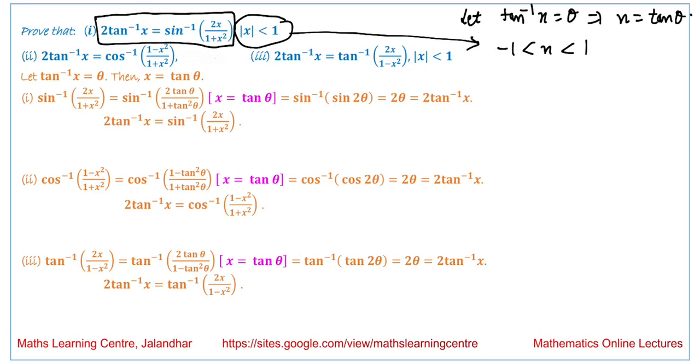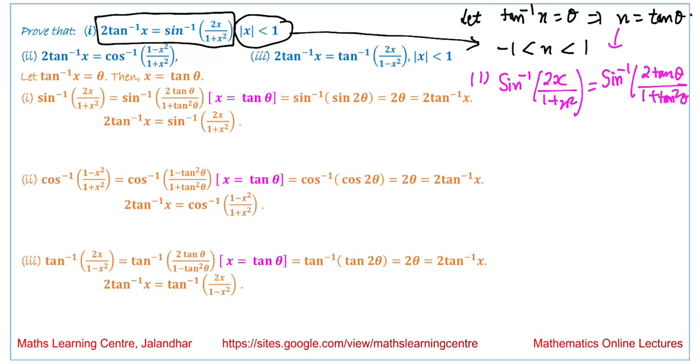If we look at the first expression, it is sine inverse of 2x over 1 plus x square. If we substitute this value of x, we get sine inverse of 2 tan theta over 1 plus tan square theta.